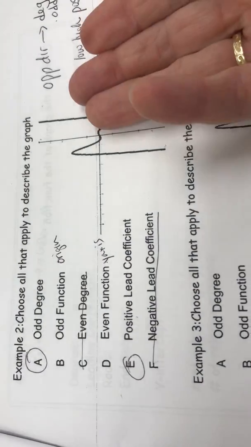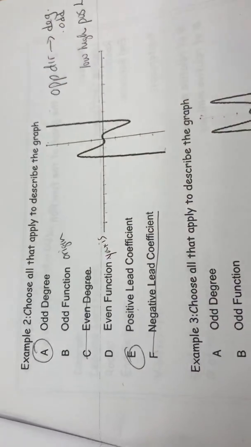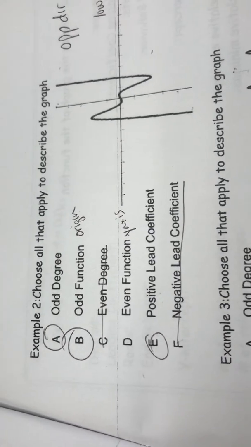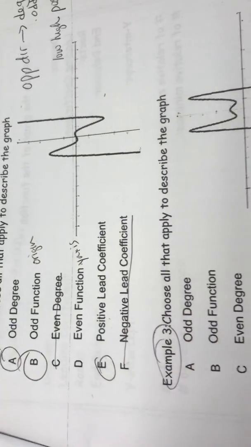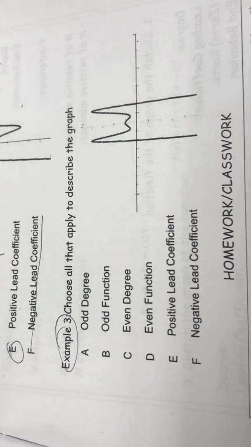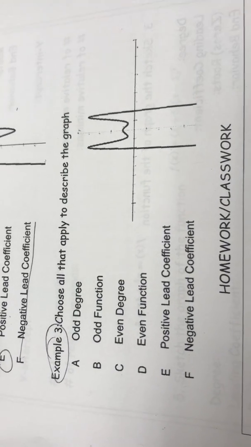Well, is this flipping on the y-axis, or is this a problem that if I turn it upside down, it looks exactly the same? Yep, it looks exactly the same, so it's B. Okay? So you try number 3, and we'll go over that when you come into class so that everybody gets the same review again. Okay?